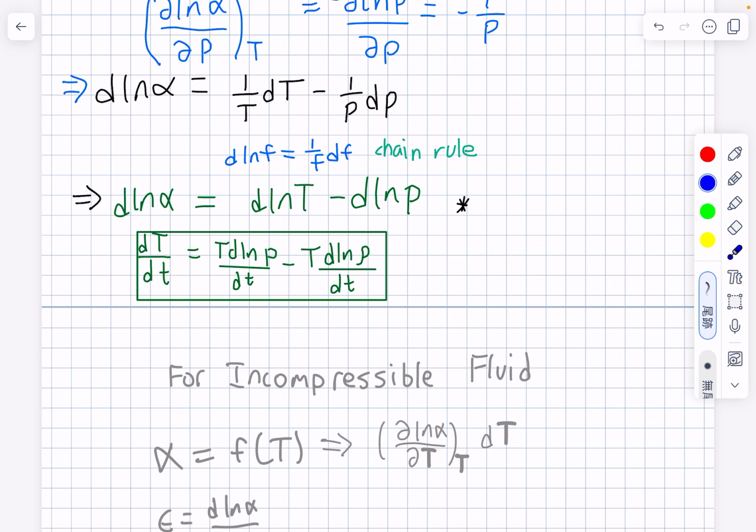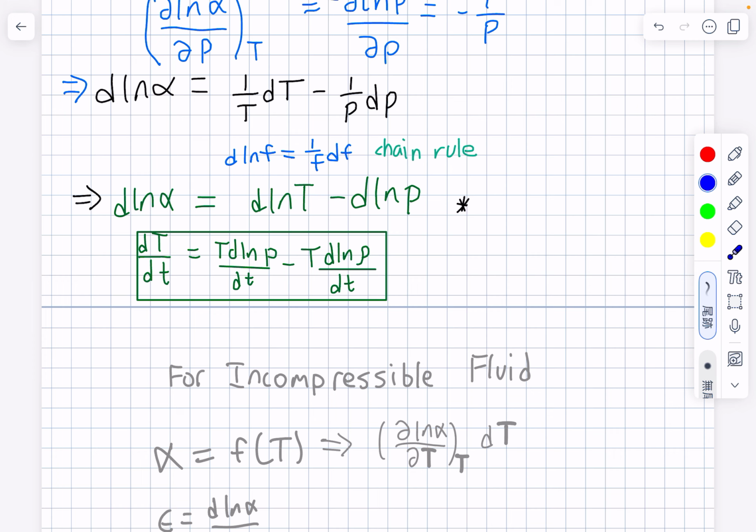So that's going to be d ln alpha is equal to d ln t minus d ln p. It basically says if there's any increase over any metric, such as time, for example, that it's equal to the change in log temperature minus the change in log pressure.